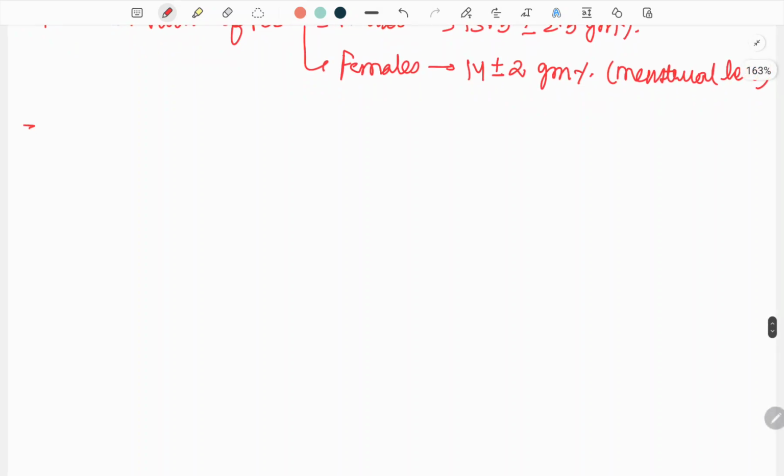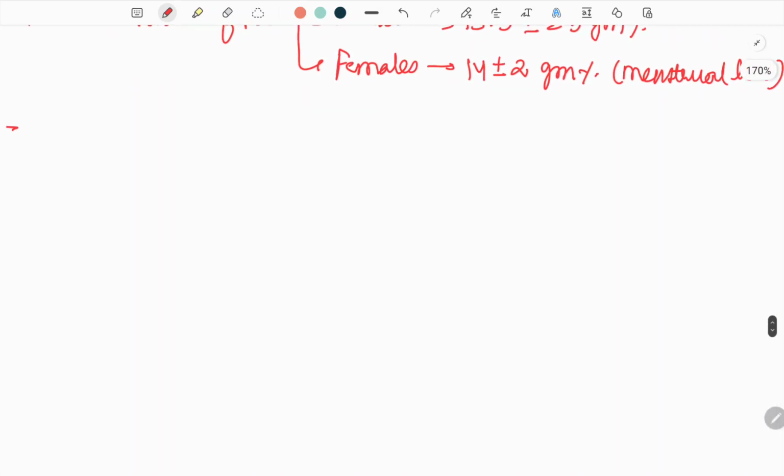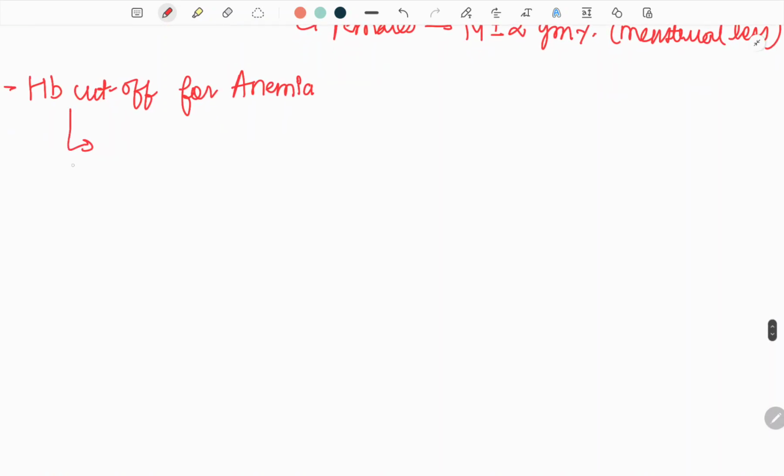Okay. Now, what is the hemoglobin cutoff for anemia? Now, we'll again define as per sex. So, in adult male, hemoglobin less than 13 gram per dl is defined as anemia.